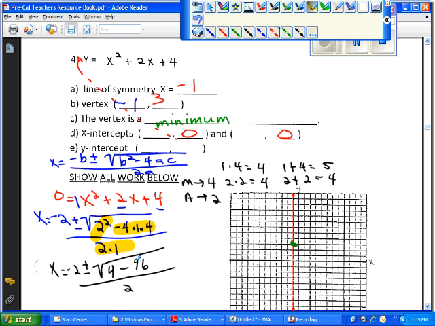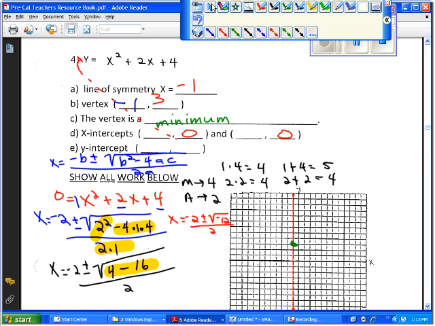We're going to finish what's in the radical. And so we're going to have x is equal to negative 2 plus or minus the square root of negative 12 over 2. 4 minus 16 is negative 12.